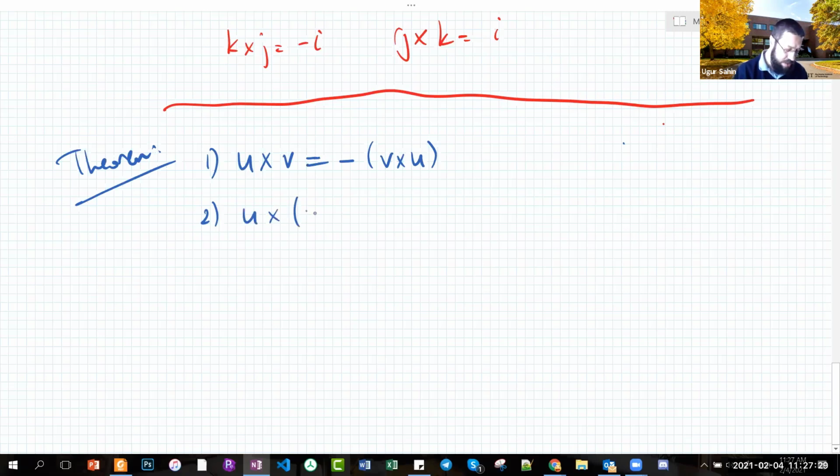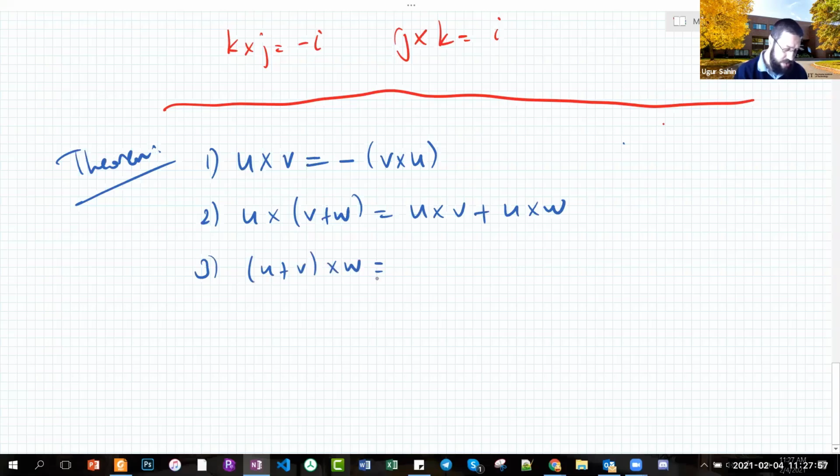And you can distribute, guys, over addition. We say the correct thing, but we wrote wrong. U times V plus U times W. The third rule, you can do the same thing from the right-hand side, but that doesn't mean we can multiply the three vectors using the cross product and then they are going to be the same.